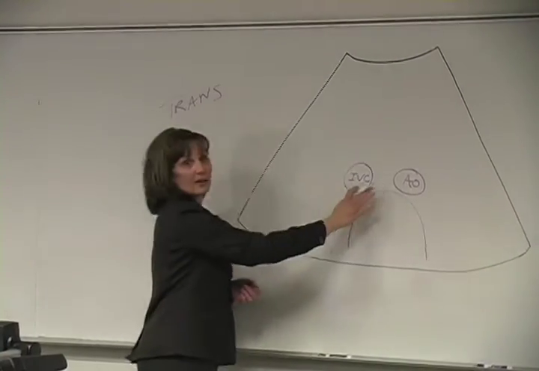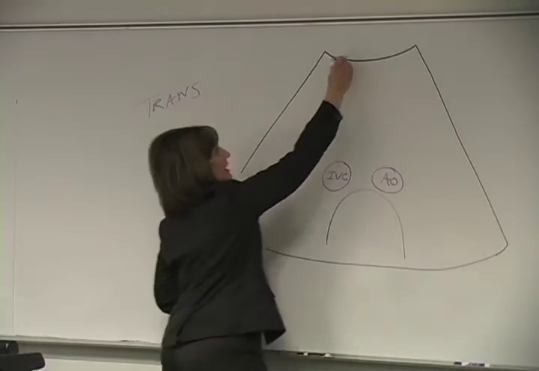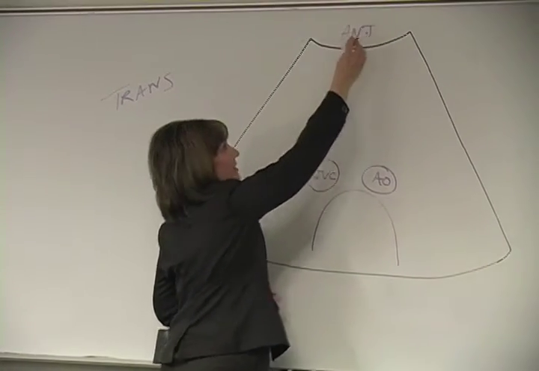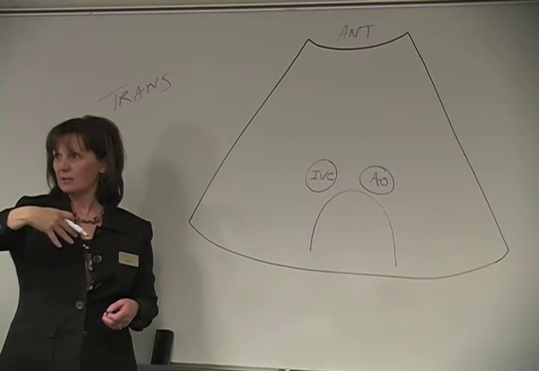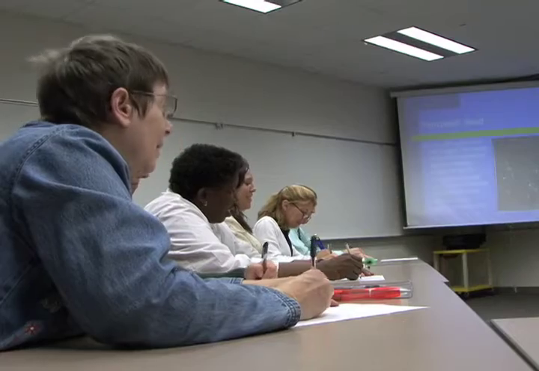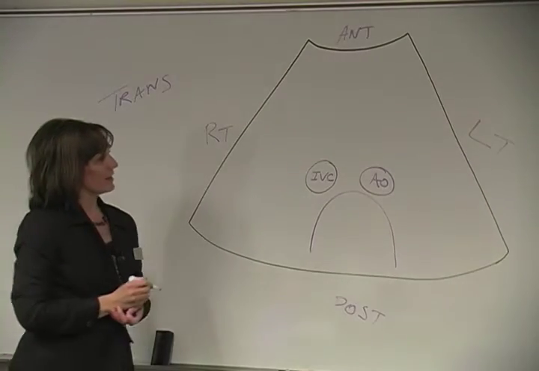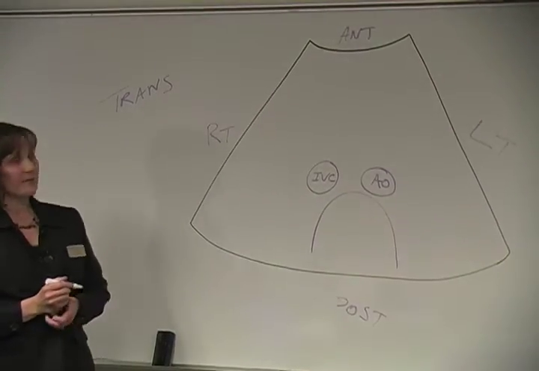Because these are circular, right? They're round. So this is anterior, because we're coming from the top of the patient's body and going through. So this would be posterior. And what side is this? Right. And this is left. Okay. So it looks like we sort of have a little sad face going on there.